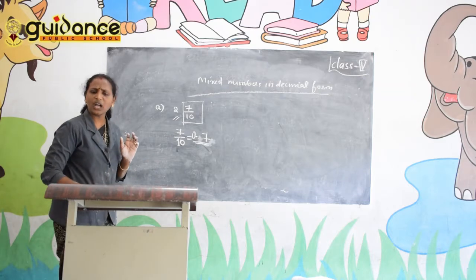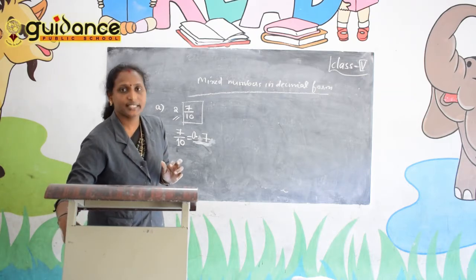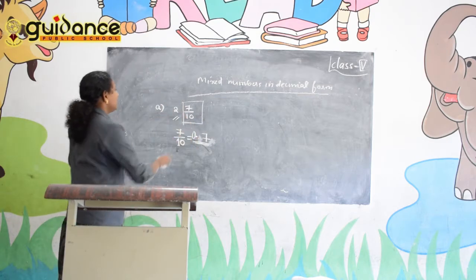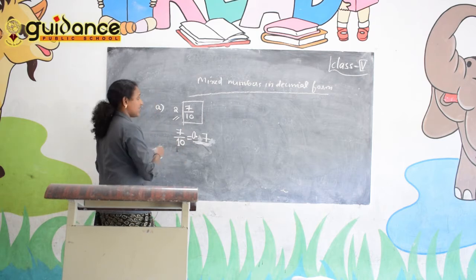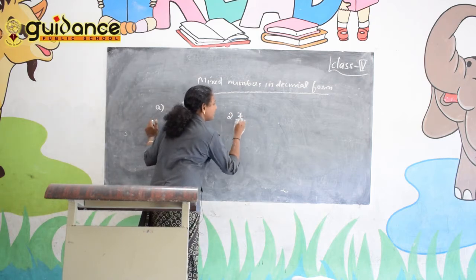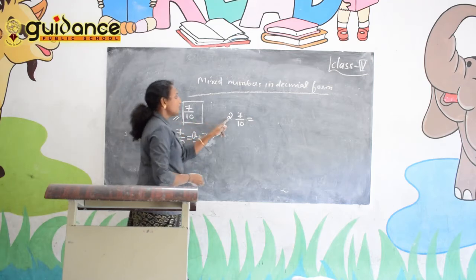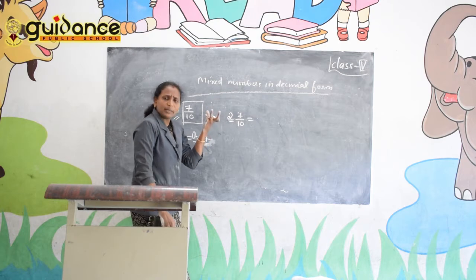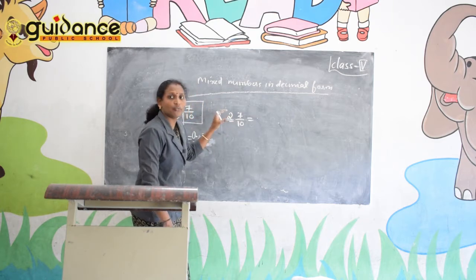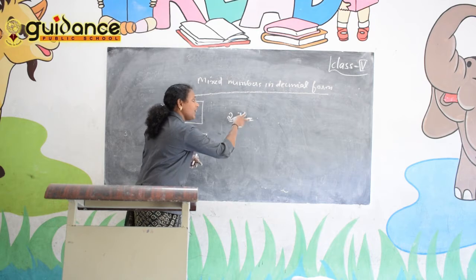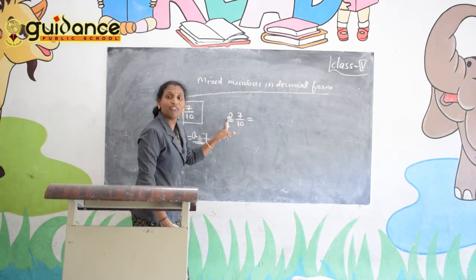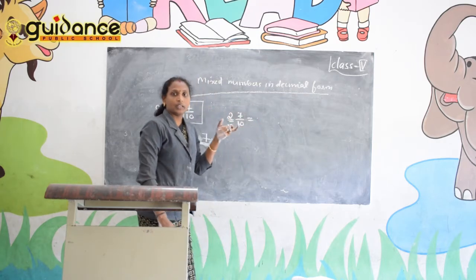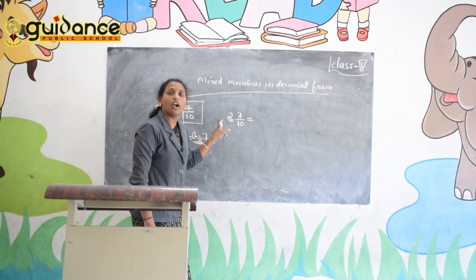0.7. So 7 by 10 is 0.7. How will you write 2 and 7 by 10? First we write the whole number part. What is a mixed number? It's a combination of a whole number and a fraction. So 2 is the whole number part, and in the decimal number this is also the whole number part.